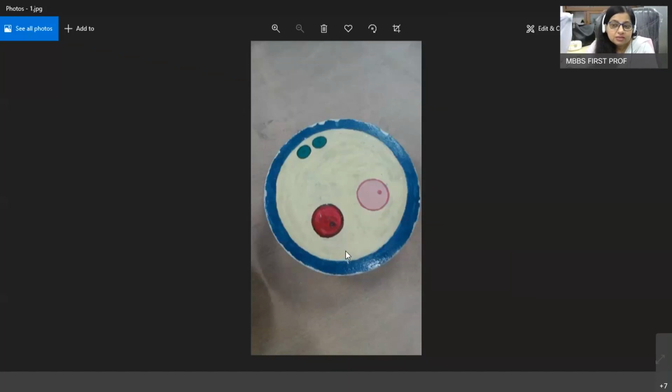As soon as it hatches out from the zona pellucida, it gets implanted in the uterine endometrium. So it prevents abnormal implantation, that is ectopic. Okay, and it also prevents. What is the second function of zona pellucida? Anything?